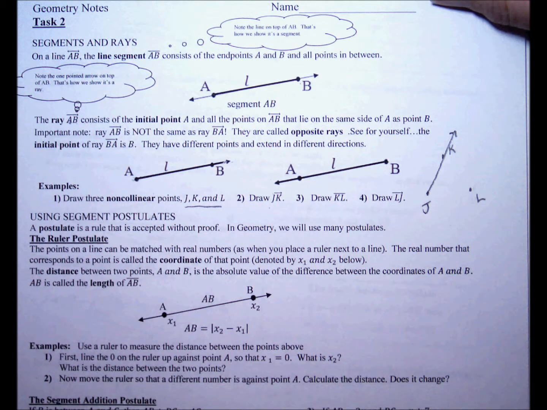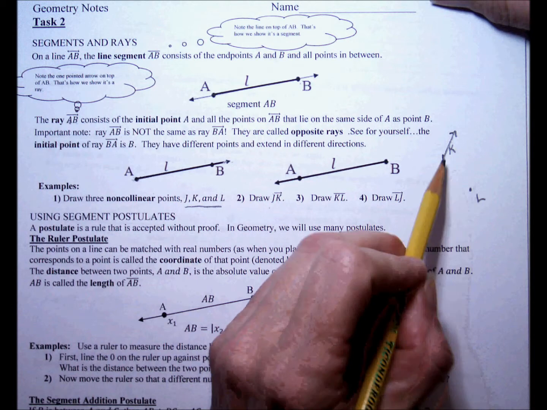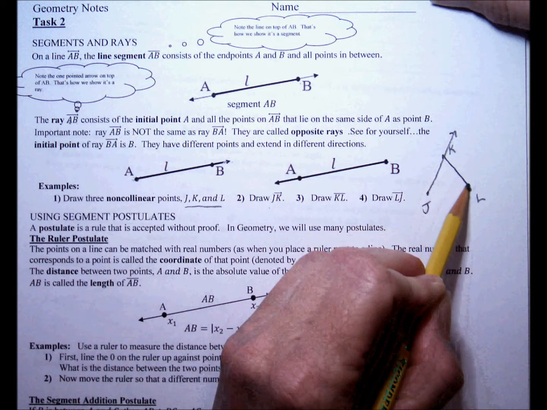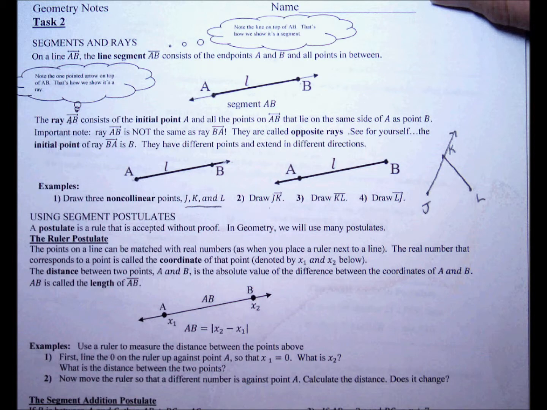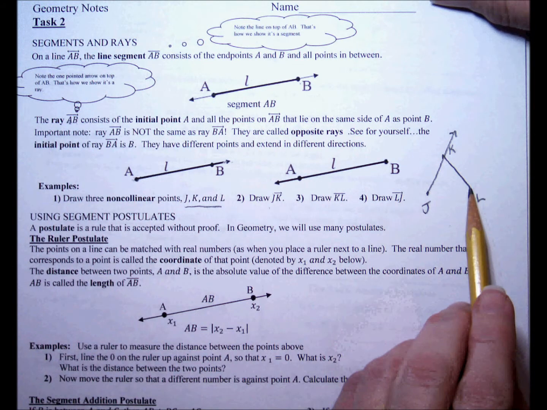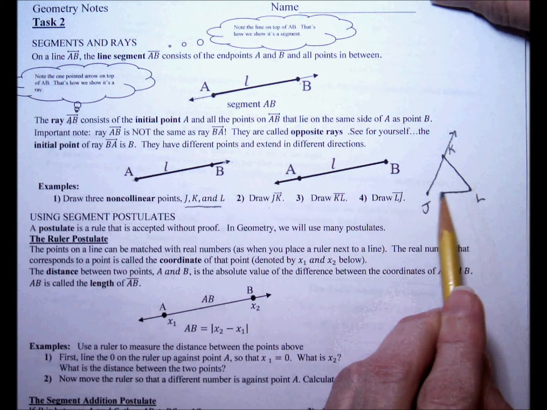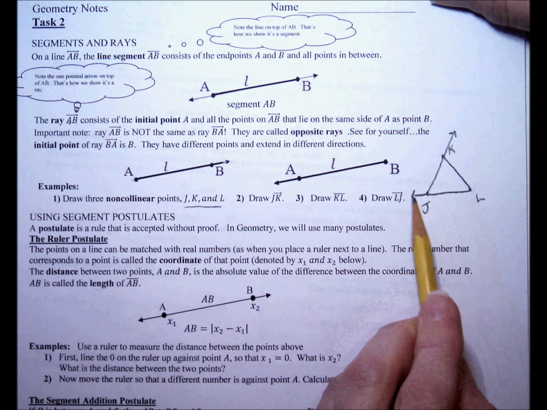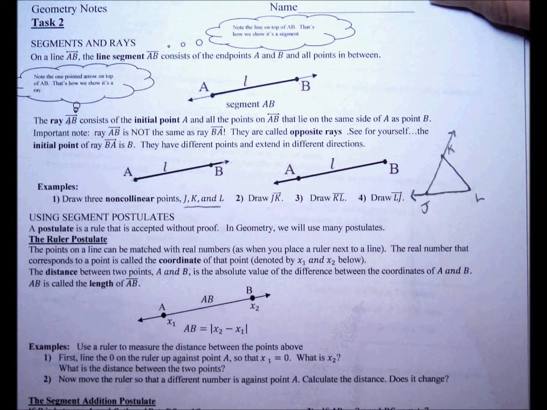Now we want to draw a segment KL. So it has endpoints K and L and stops. Ray LJ has an initial point L and goes through J and then continues. Make sure you put an arrow.